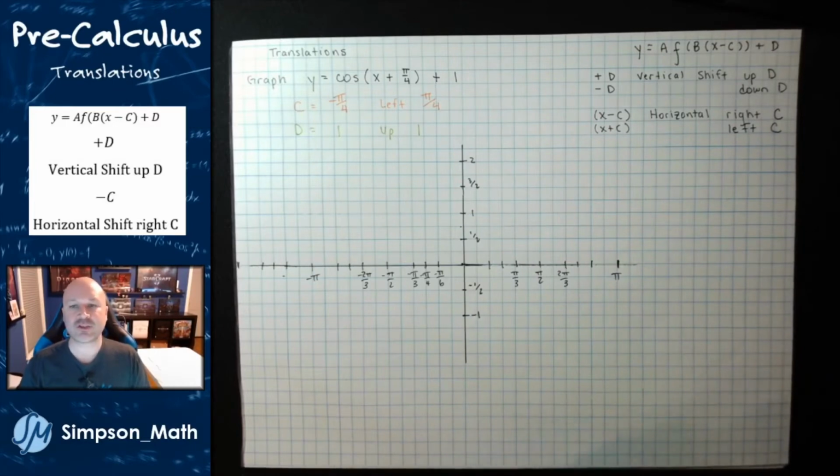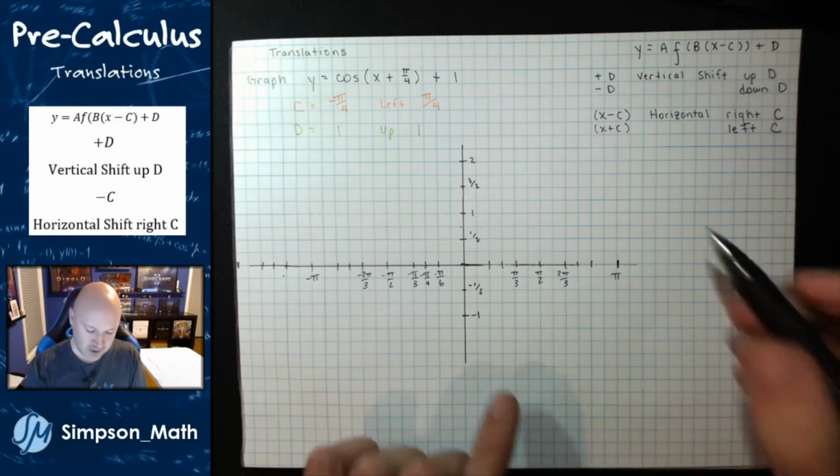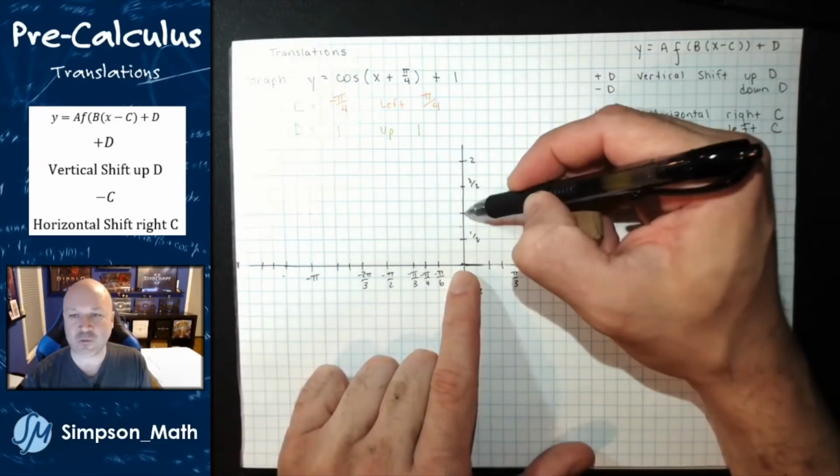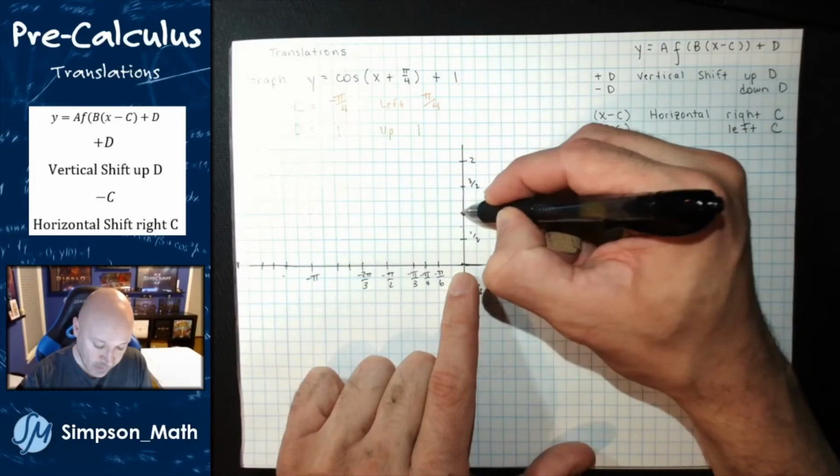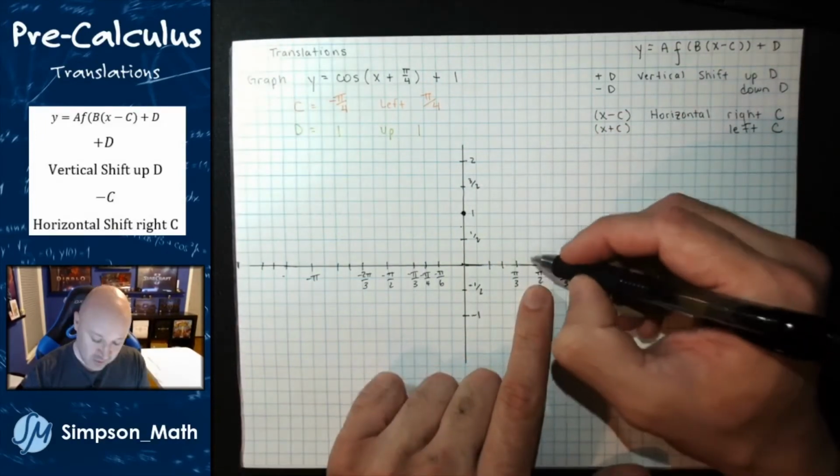I think I will just start with a black parent graph of just regular cosine, just to help me visualize what's about to happen. So I'll graph cosine, maybe a dotted line to help me have less graphs on here. I know cosine of 0 is 1. It starts high. Pi halves, it's 0.